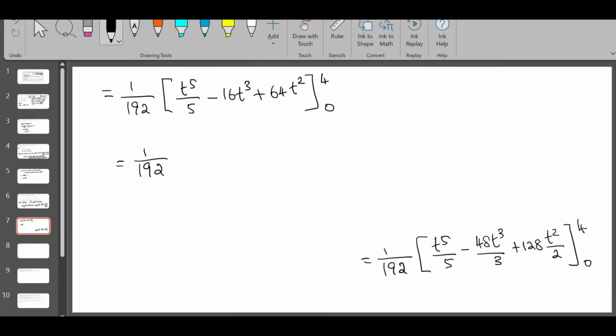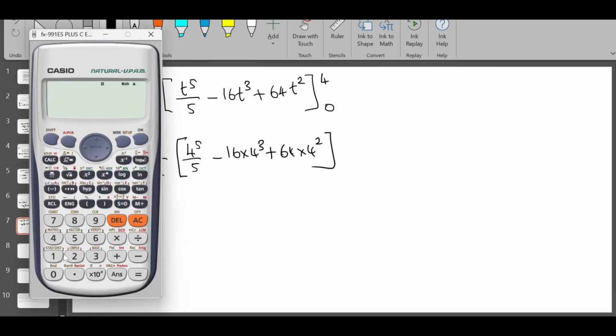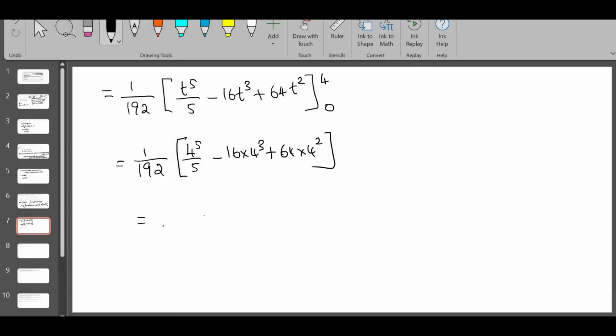We don't need to substitute the lower limit because everything becomes 0 there. Just substitute the upper limit: 4 to the power 5 over 5 minus 16 times 4 cubed plus 64 times 4 squared. Let me put everything in the calculator in one shot: 192 times that. The result is 16 over 15.